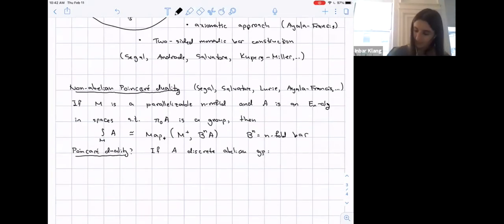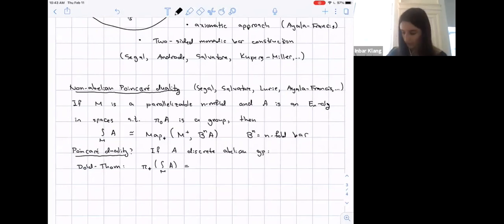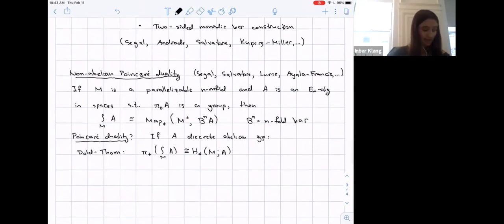Then the factorization homology is going to be sort of a space model for the homology of M with coefficients in A. So the left-hand side gives you homology. And for the right-hand side, well, BnA, that's going to be the Eilenberg-MacLane space, K(A,n).